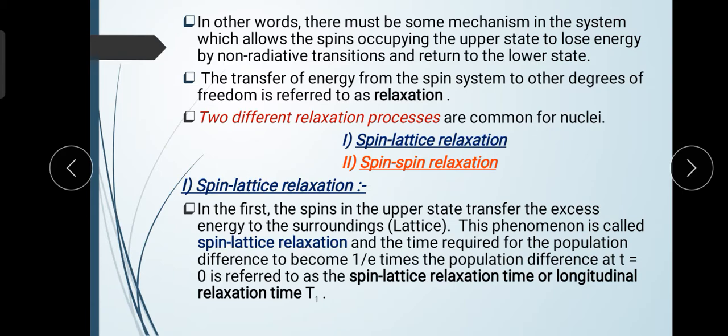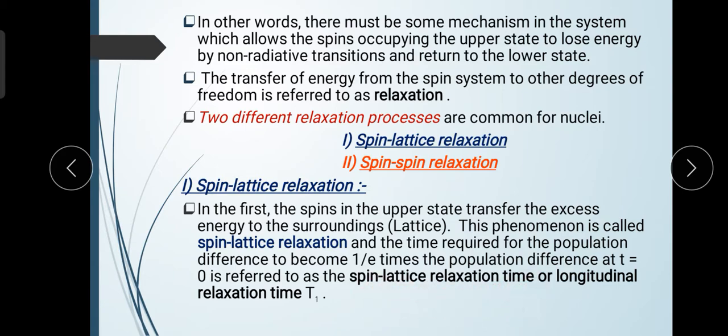The time required for this process is known as the spin lattice relaxation time, or simply the longitudinal relaxation time, denoted by capital T1.